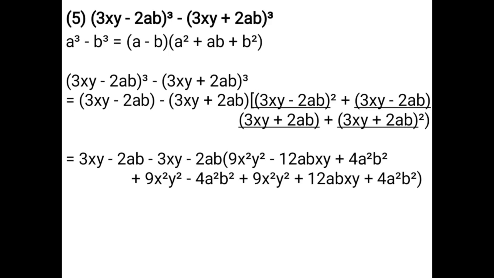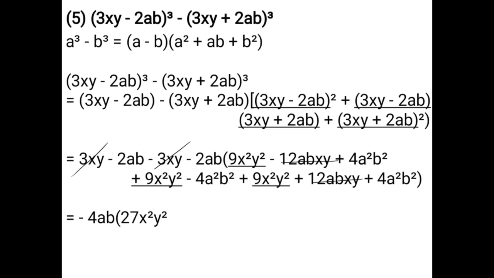Next step, 3xy minus 3xy get cancelled. Minus 2ab you have to add, because minus into minus is plus, that is equal to minus 4ab. In bracket, underline the like terms and then solve. 9x square y square plus 9x square y square plus 9x square y square you have to add, that is 27x square y square.